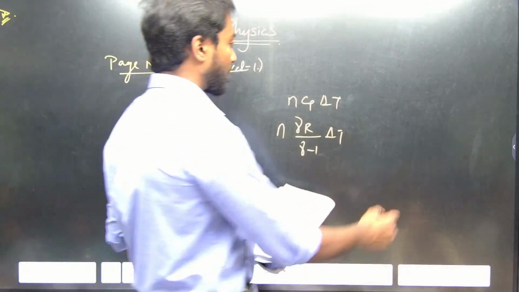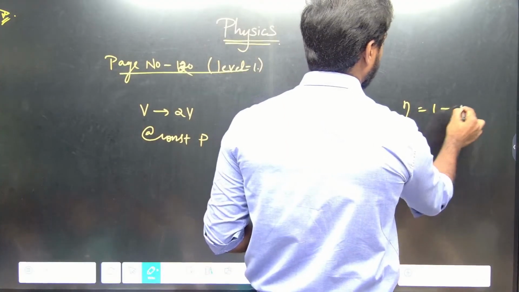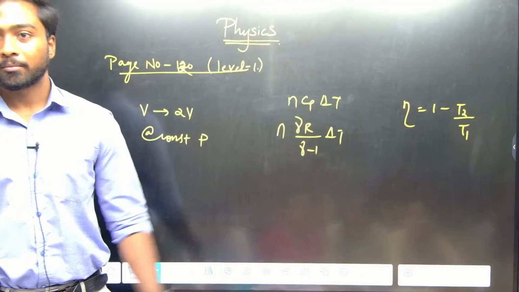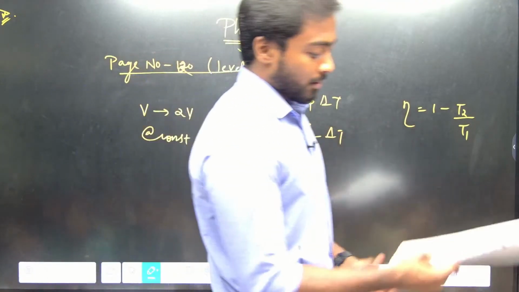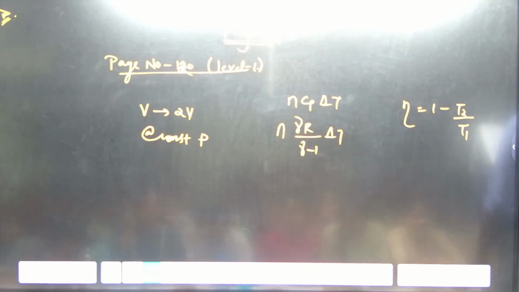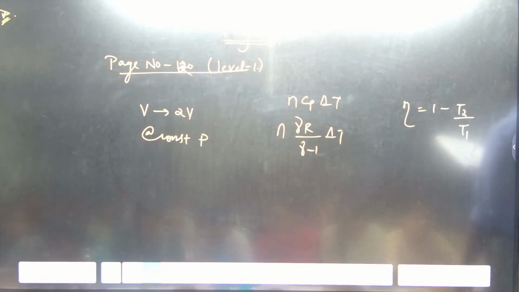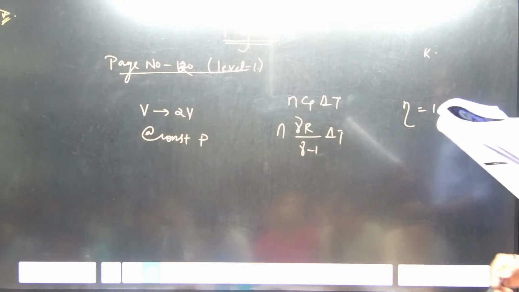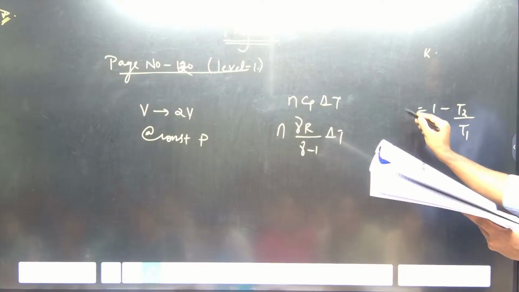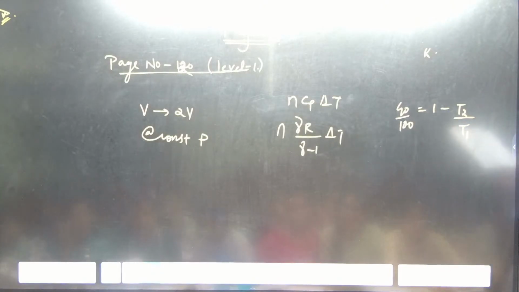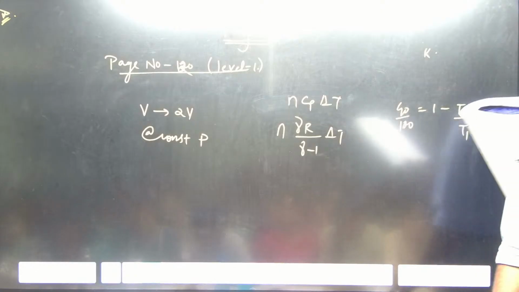Eta is equal to 1 minus T2 by T1, can I say? T1 minus T2 by T1, so 1 minus T2 by T1. And what have they given here? Receives heat at 500 Kelvin, temperature they have given in Kelvin, and the efficiency is 40 percent, which is nothing but 40 by 100. And they are telling that the exhaust is the same.